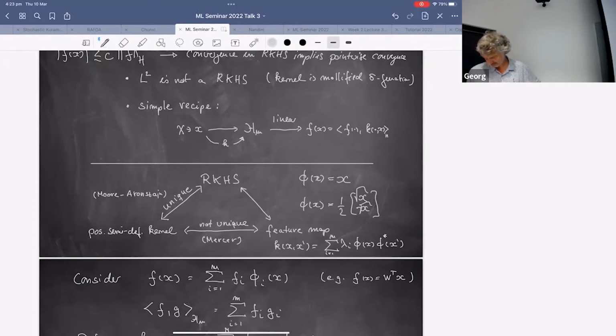Okay, now phi transposed phi gives me x squared, and here I also get x squared for the kernel. Okay, so it's not unique.